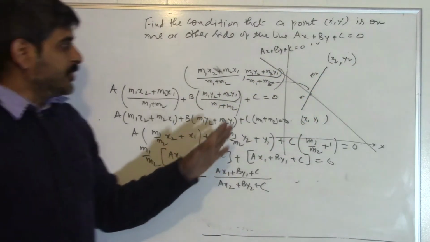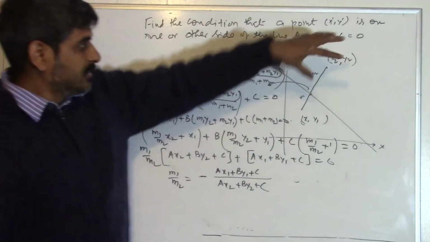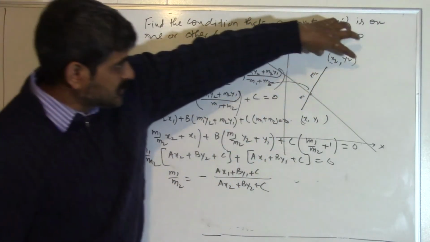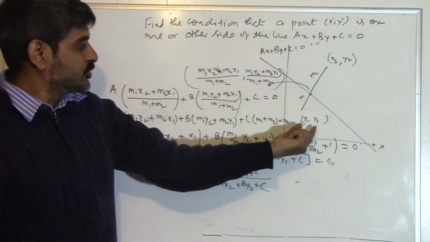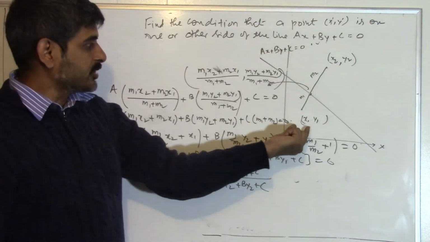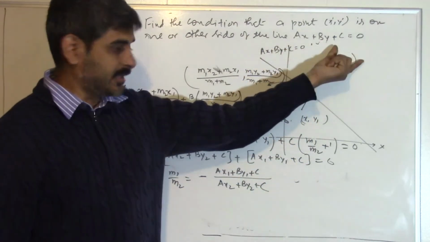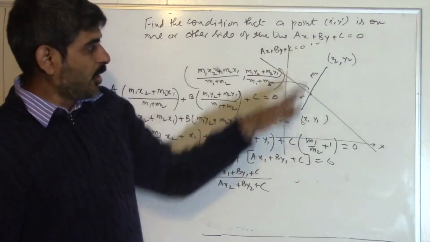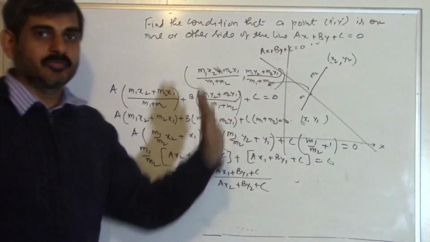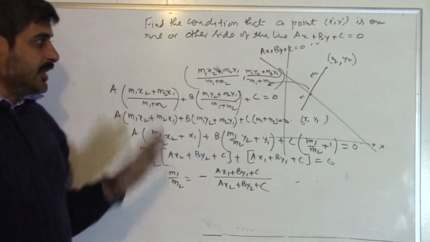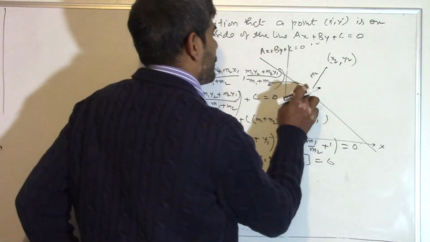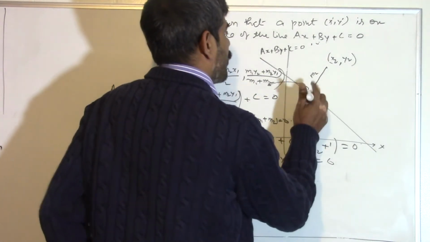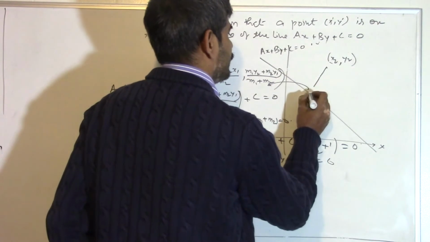So if they have opposite signs, this quantity has one sign and this quantity has another sign. We substitute x1 y1 and we get one positive value, substitute here we get a negative value, then these 2 points are on the opposite sides of this line. And if both of them have the same sign, then what will happen? The points will be something like this.